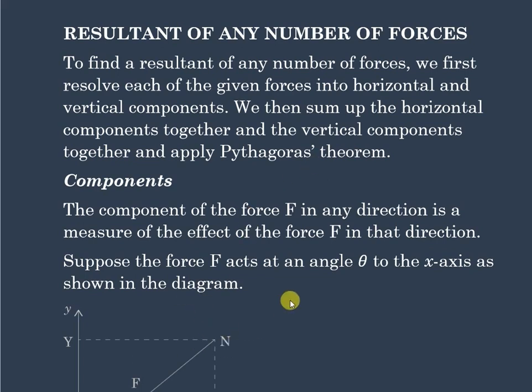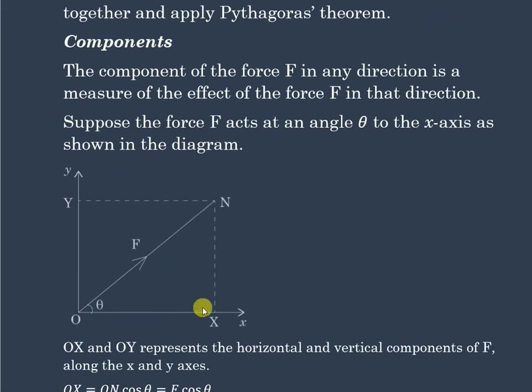First of all, the component of the force F in any direction is a measure of the effect of the force in that direction. We have this diagram here. When a force F is acting along that line ON, it has an effect both horizontally and vertically.